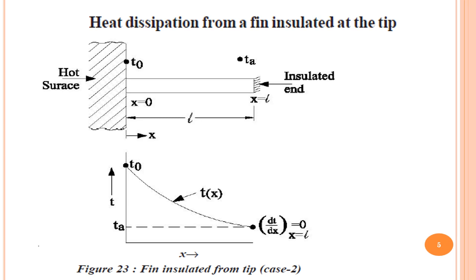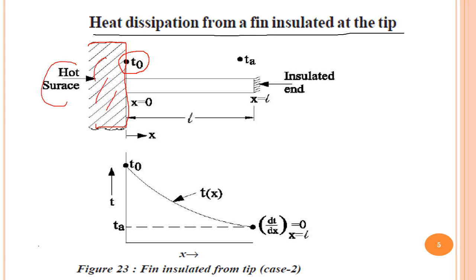So friend, let's start with the second case related to fin, that is heat dissipation from the fin insulated at the tip. You can see T0, that is the base temperature. This is a wall which is at higher temperature, and the heat source is available here, and T0 is the higher temperature at x equals 0.